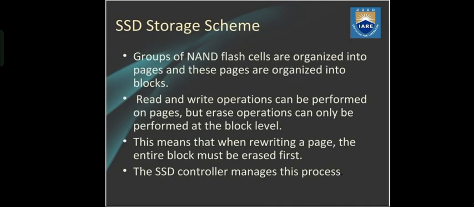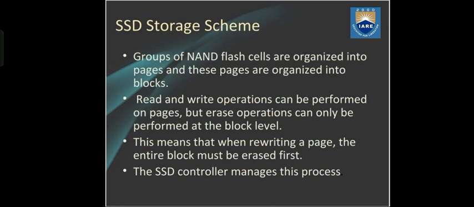SSD storage scheme. NAND flash cells are organized into pages and these pages are organized into blocks. Read and write operations can be performed on pages, but erase operations can only be performed at the block level. This means when we rewrite a page, the entire block must be erased first.